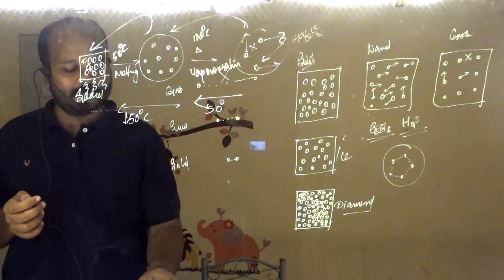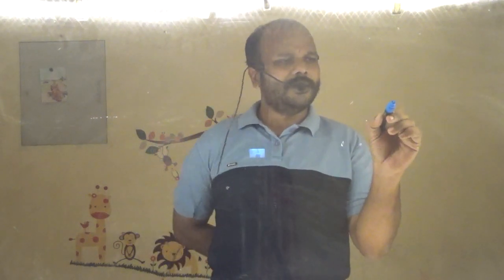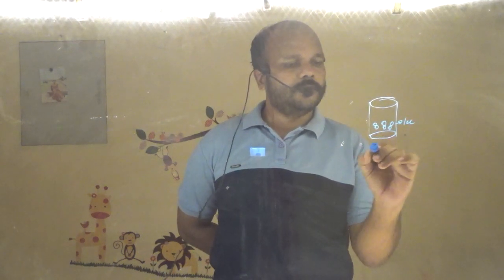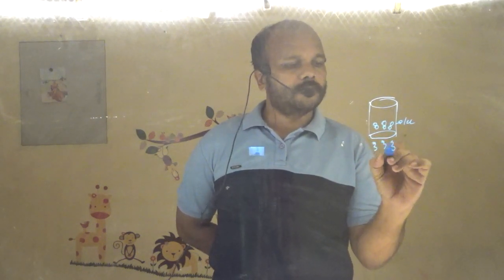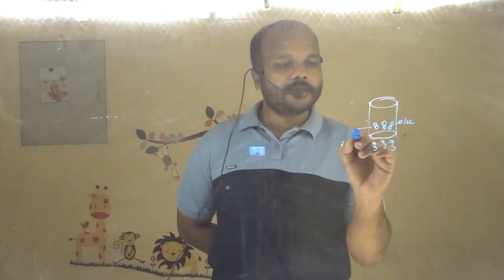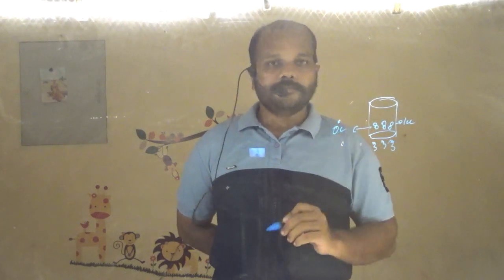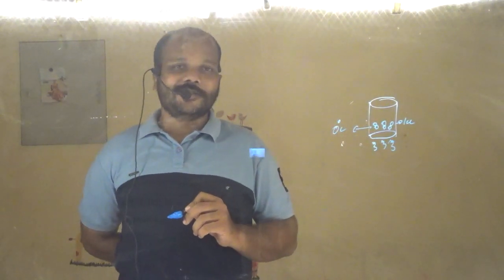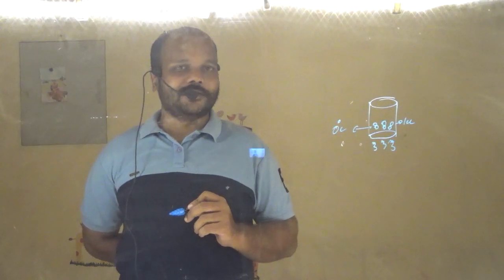Now we will have a question: how much heat is required for melting? I agree that when you take some ice and melt it, it will melt at 0 degrees Celsius. But does it mean that everything around you will melt at 0 degrees Celsius?